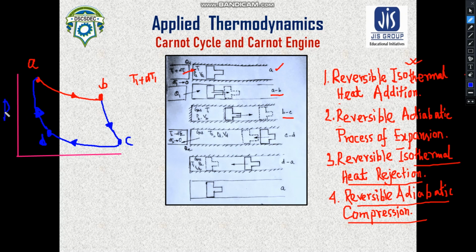So this is your pressure axis and this is your volume axis. This is the first process, the reversible isothermal heat addition.